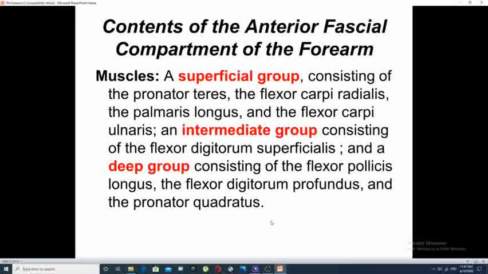Third general rule: all these muscles are supplied by the median nerve, except two muscles, which are the medial half of flexor digitorum profundus muscle and flexor carpi ulnaris muscle. These two muscles are supplied by a different nerve, which is the ulnar nerve.